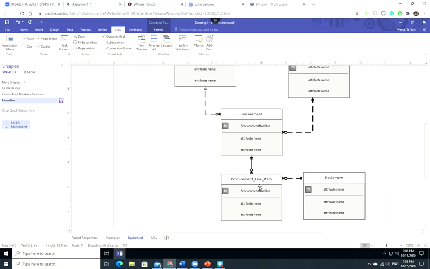Right? So this is procurement number used as a primary key as well as a foreign key in here. And why is this called identifying or ID dependent? Because this entity, in this case procurement line item, depends through ID, through the key, on the procurement. So it's called ID dependent.